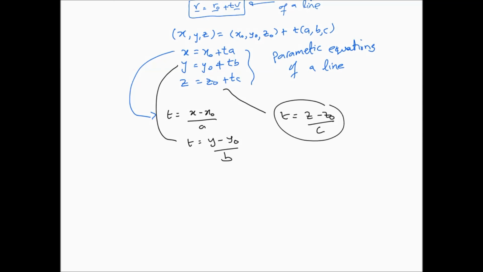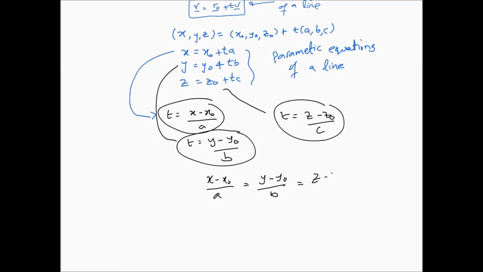All of these 3 relationships have one thing in common, the t, which boils down to saying that x minus x0 over a is equal to y minus y0 over b is equal to z minus z0 over c. These are called the symmetric equations representing a line in 3 space.